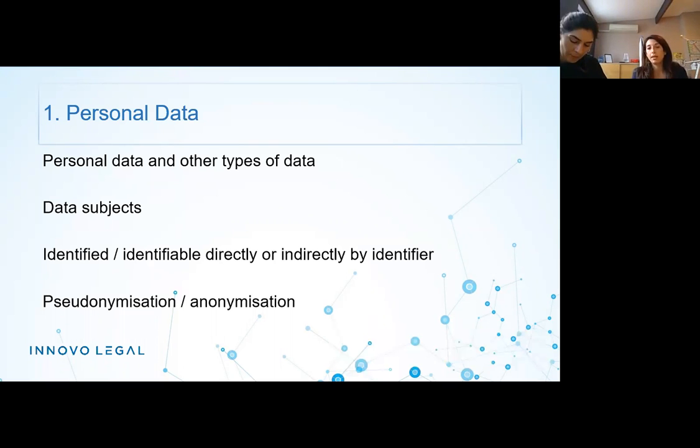A key concept there is if you are able to re-identify the person by linking it. So for example, I as a company put a number against you as an identifier, no longer your name, but internally I can link your number to you. It's not completely de-identified, so it is still personal data. So that's a key point.